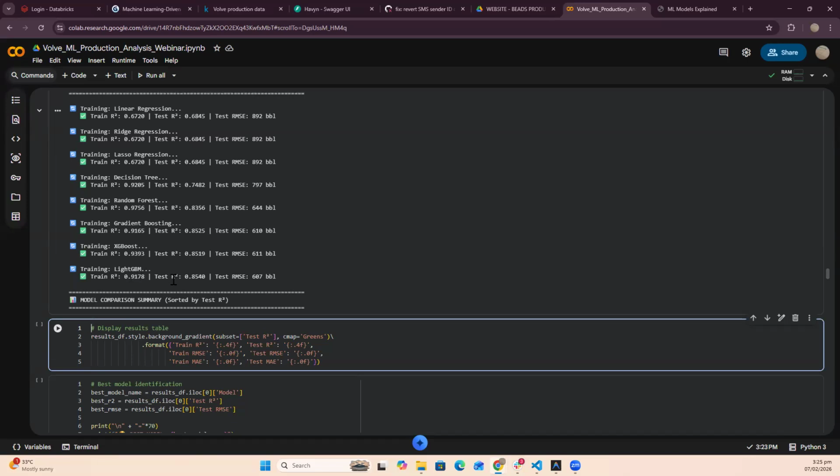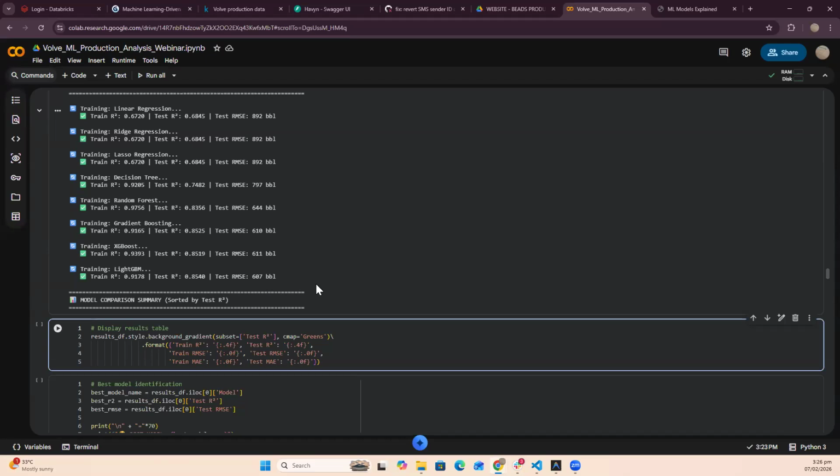That's great. The test is 0.85. That's great. All right. And the root mean squared error is less as compared to all of them. The light GBM is less as compared to all of them.